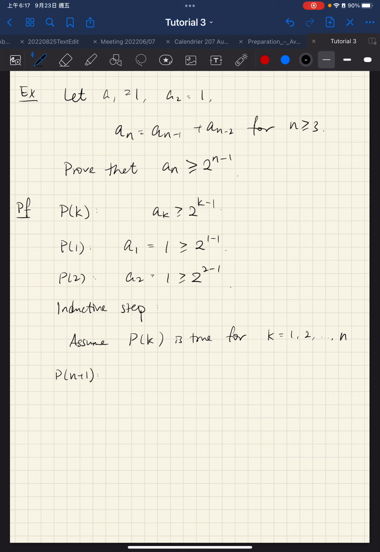For Pn plus 1, we have an plus 1, right? Here, we can assume n is larger than or equal to 3, since the first two cases are dealt with, and hence we can use this formula.